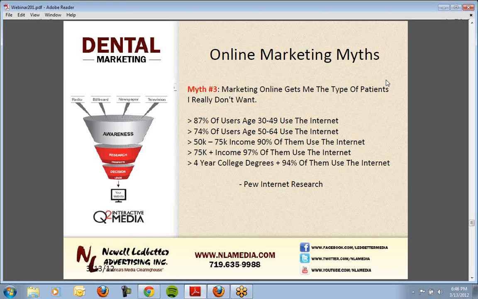Users between the ages of 30 and 49, 87% of them use the Internet. So if you're trying to reach someone between the age bracket of 30 and 49, 9 out of 10 of those folks use the Internet. So again, that makes sense. 50 to age 64, 74% of those folks use the Internet. Again, okay, common sense, sure. No real silver bullet yet.